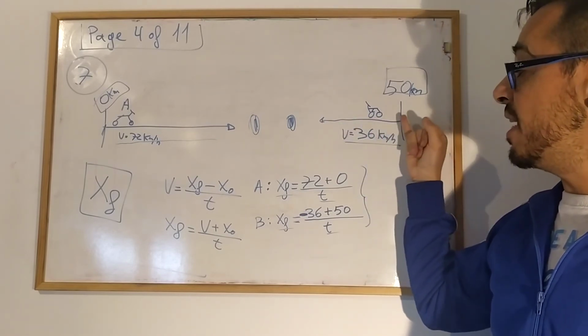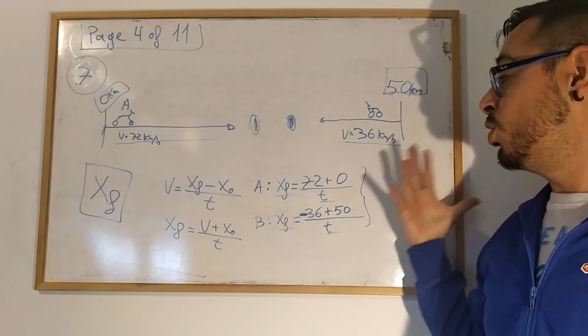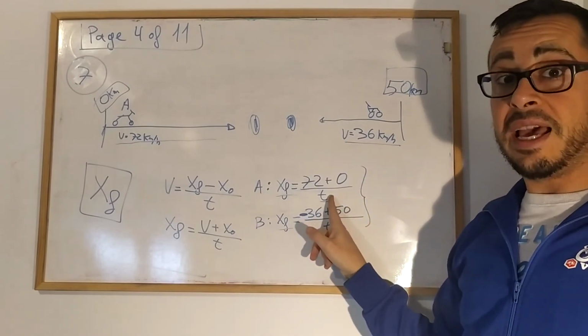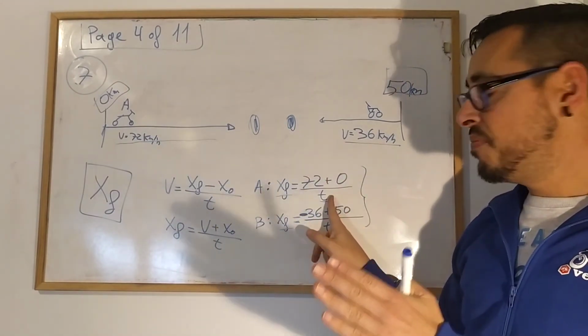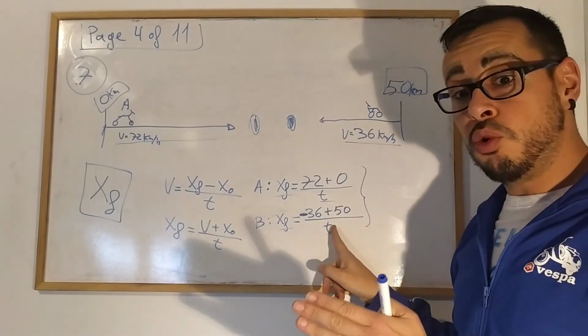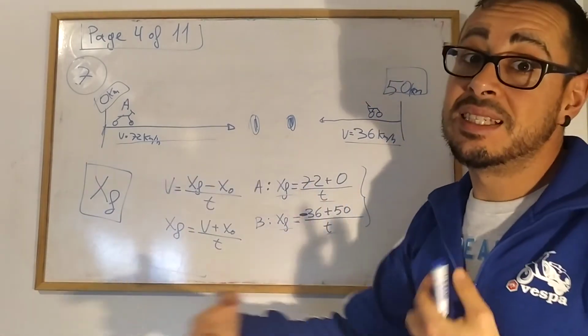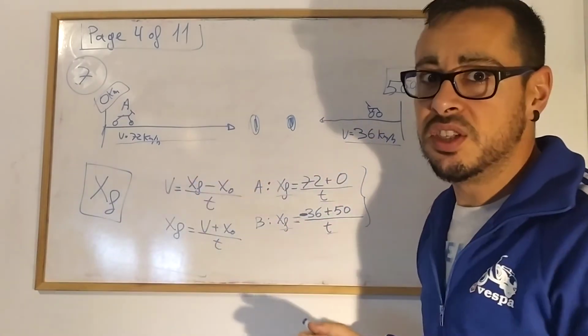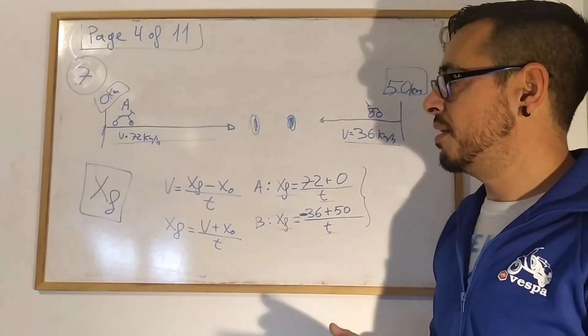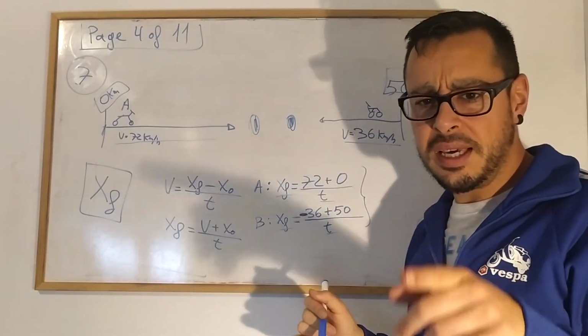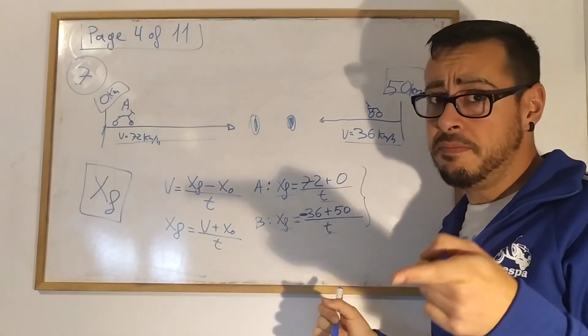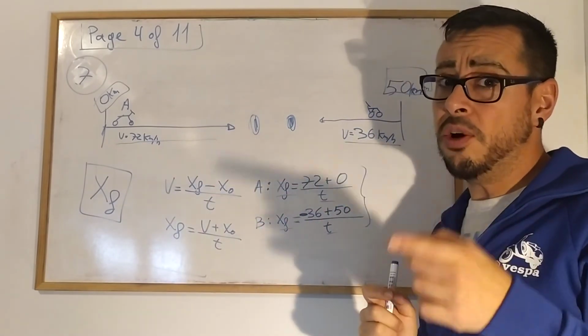It starts later. So time is going to be, in one case, the original time. And in the other case, it's going to be time plus 10 minutes, for example, or something like that.